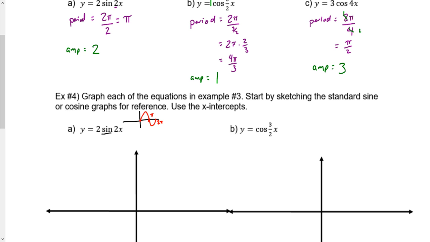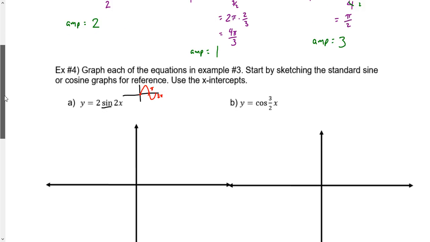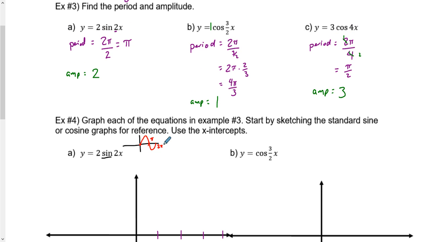Now let's do some sketching. It says that our period, how long it takes a sine graph to repeat itself, is pi. Well, normally it's 2 pi. The good thing is we don't have to do too many special things, especially if there's no scale on it. We're still going to split it into 4 sections. Both the sine and cosine graph work best splitting into 4 sections. The only thing that's going to change is instead of this end value being 2 pi, it's just going to be pi.